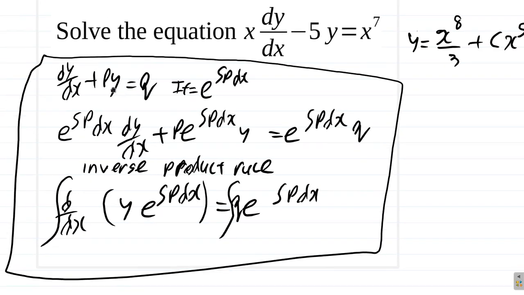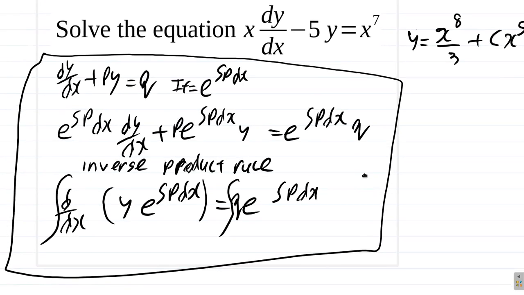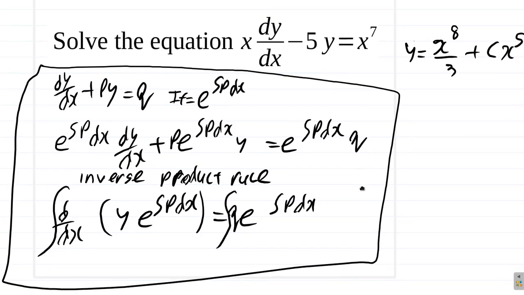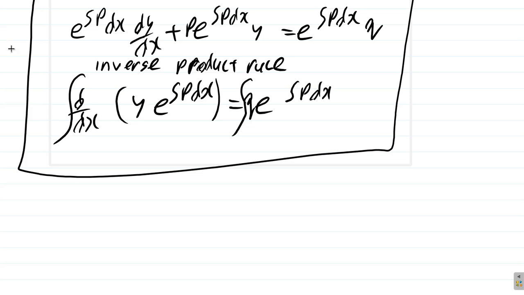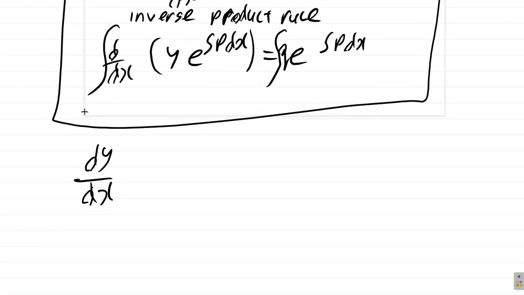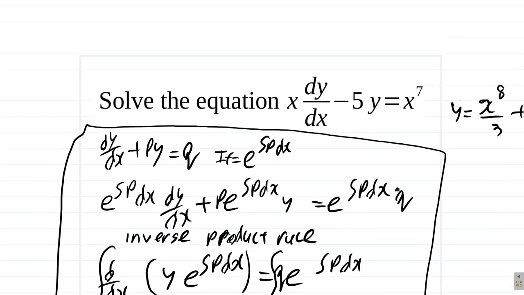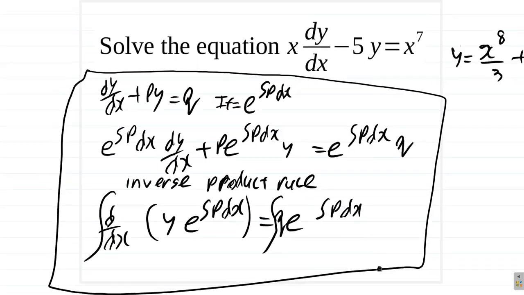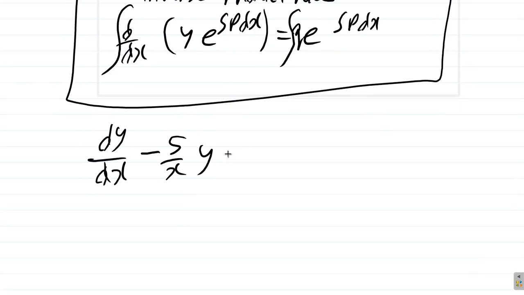In order to get it as dy by dx plus py equal q, all we need to do is divide by x. So we have dy by dx minus 5 over x y equals x to the 7 divided by x.